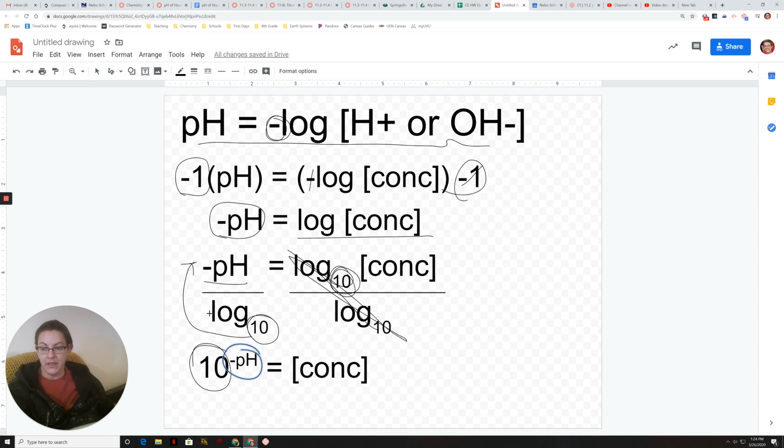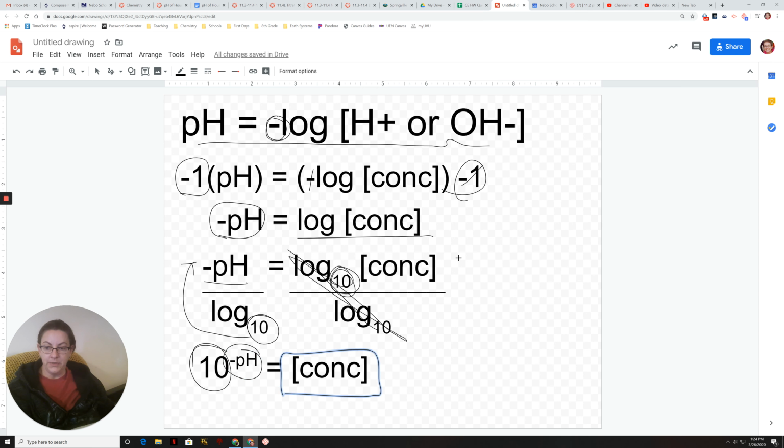When you divide this by log base 10, you end up with 10 to the exponent of your negative pH number. So whatever your pH is, you make that negative, make it the exponent for 10, and that will give you your concentration.